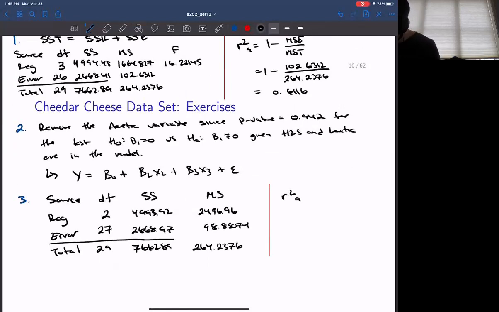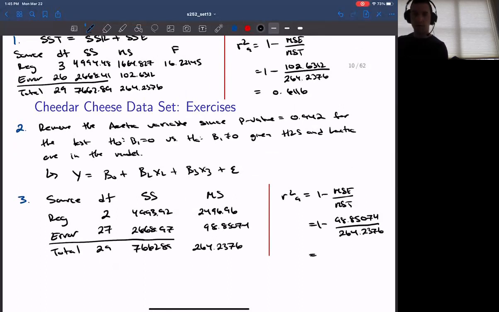So the adjusted R squared here is now going to be, for the reduced model, 1 minus 98.85074 divided by 264.2376, which is equal to 0.6259.